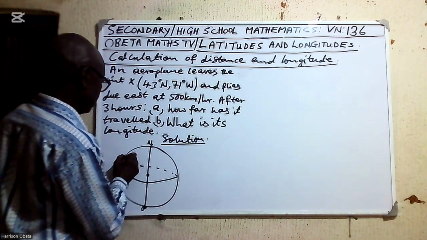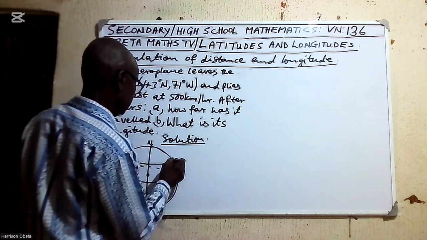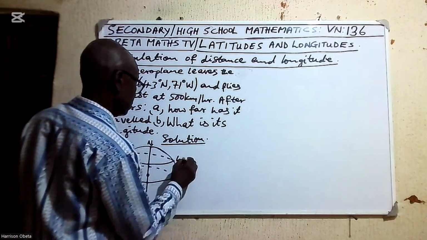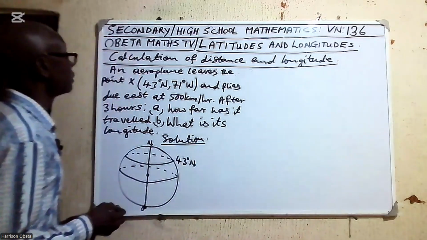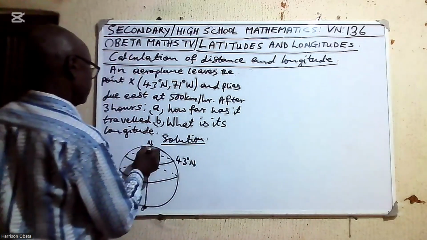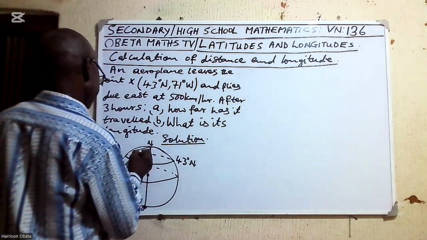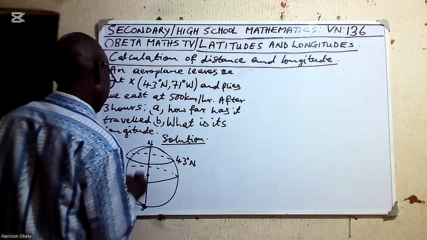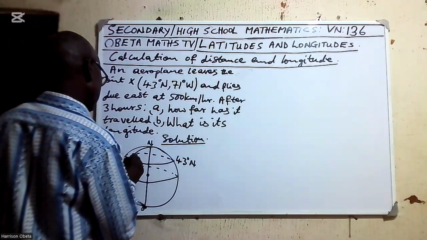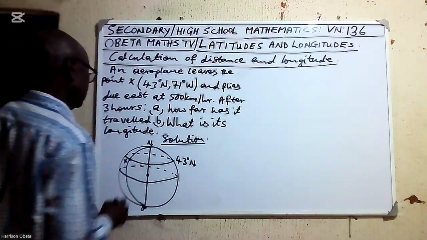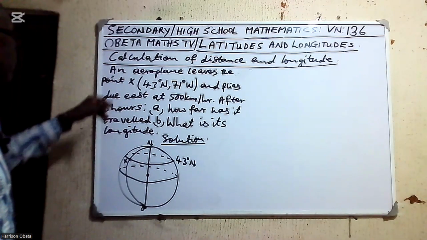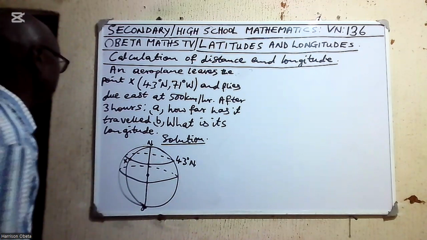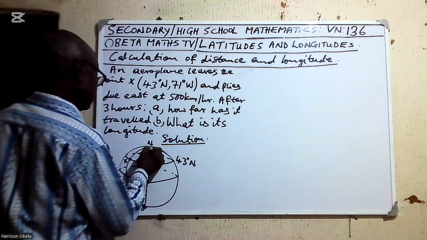So let's take this to represent that. Yes, 71 degrees west. So this is the point we are talking about. So let's call this X. But the airplane took off from X and then traveled due east, that's to the right. So let us assume that this is the second point.